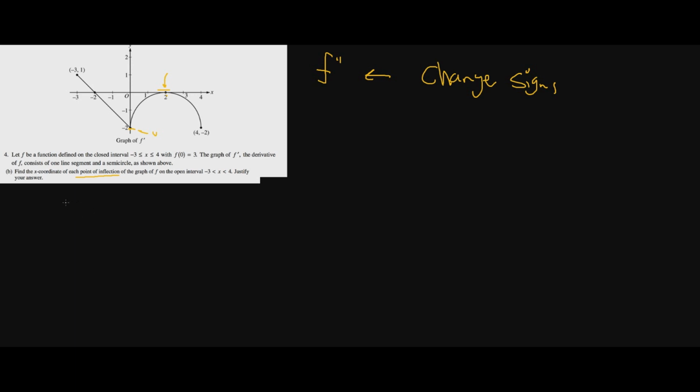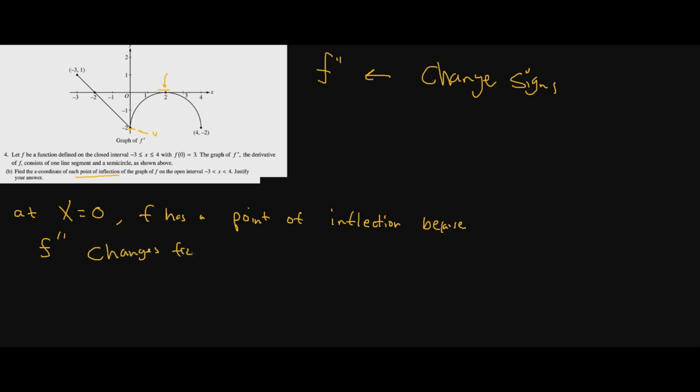Well, at x equals 0, f has a point of inflection because f double prime changes from negative to positive. It changes signs.